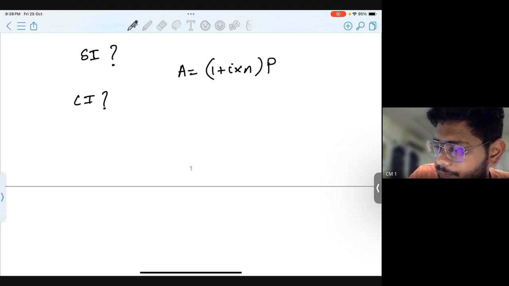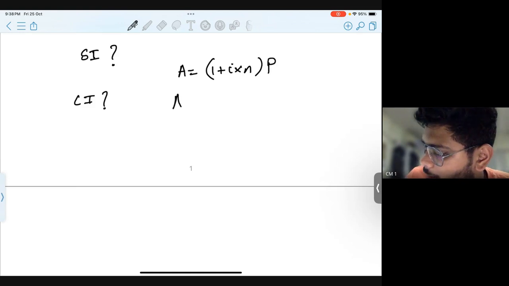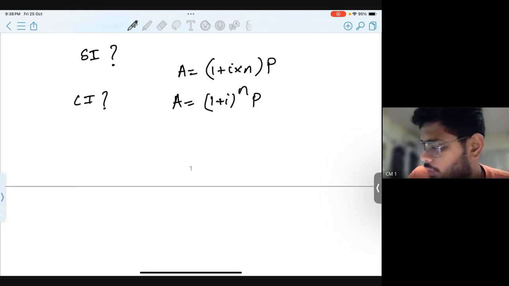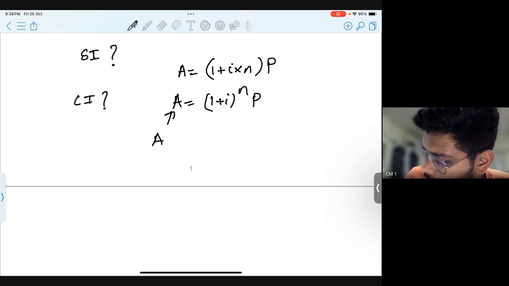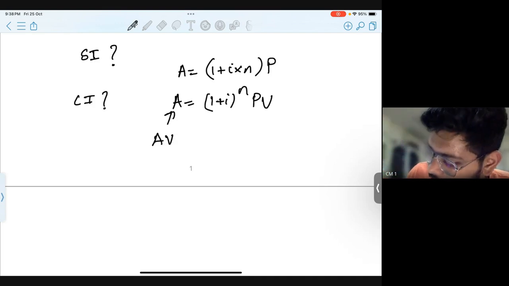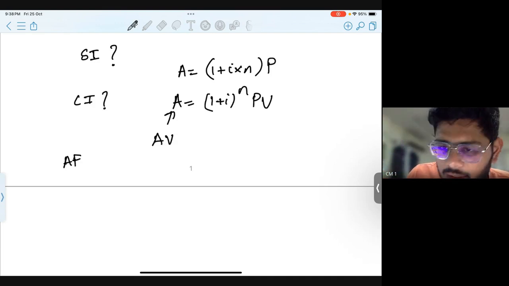Amount is equal to (1 plus i) whole power n times P. In our terminology, this will become the accumulated value and this will become the present value.